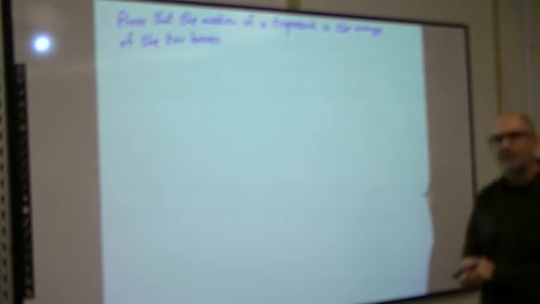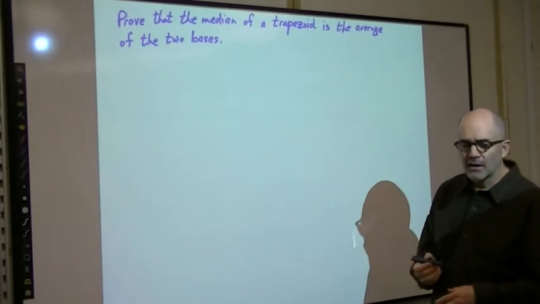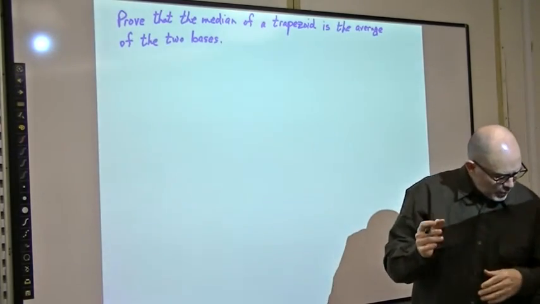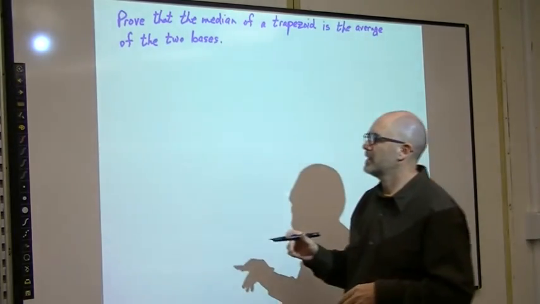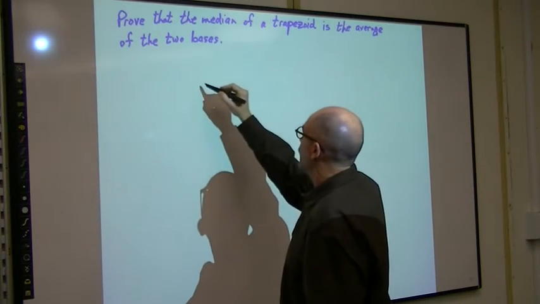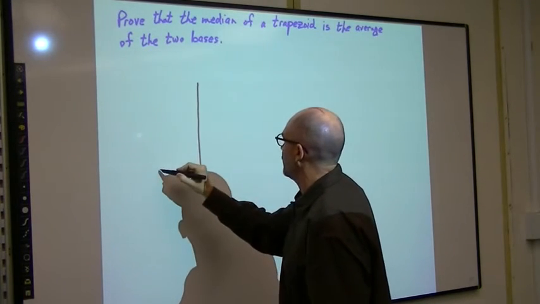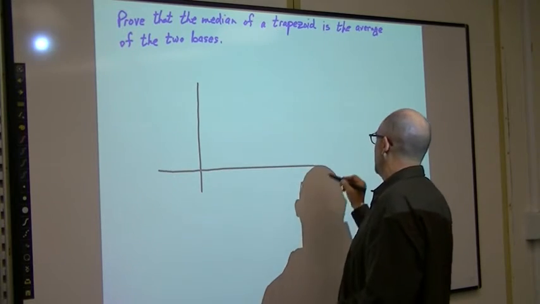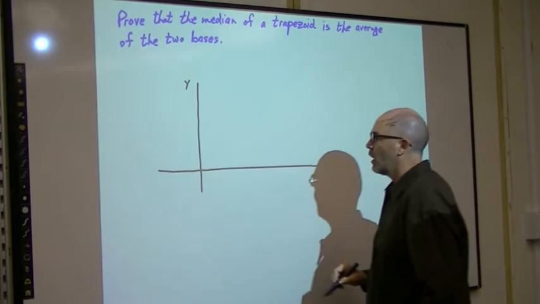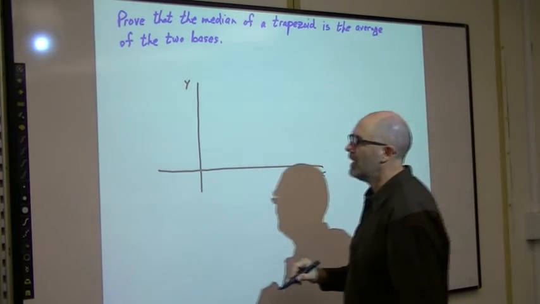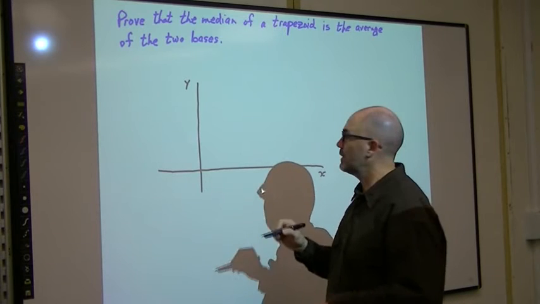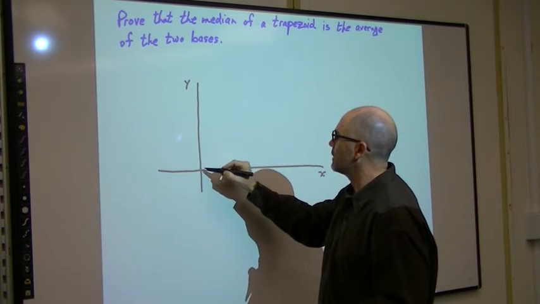So what we need is a trapezoid, and we need a general trapezoid. Now, this is where analytic geometry comes in. We're going to put it on an XY coordinate system. So here's our X, here's our Y. Now, we make a trapezoid. Now this is any trapezoid, this is not any special trapezoid.